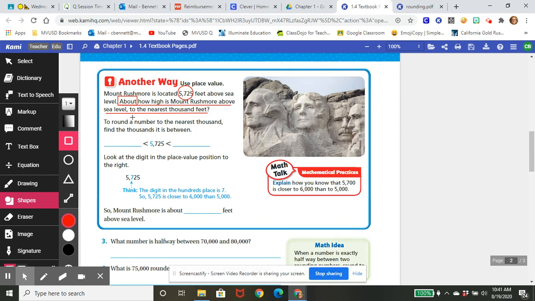And then it says, to the nearest 1,000 feet. Okay, so when we round, they will ask you to round to the nearest 10, round to the nearest 100, round to the nearest 100,000.